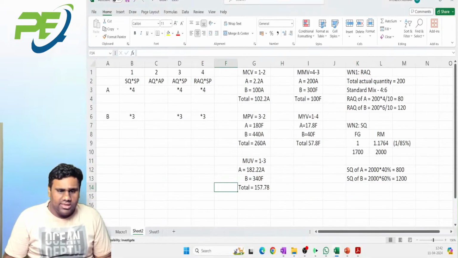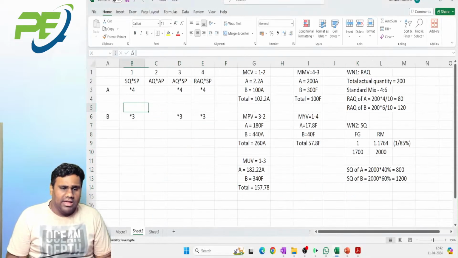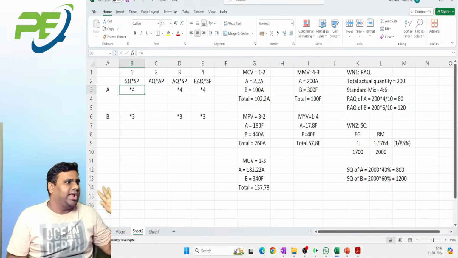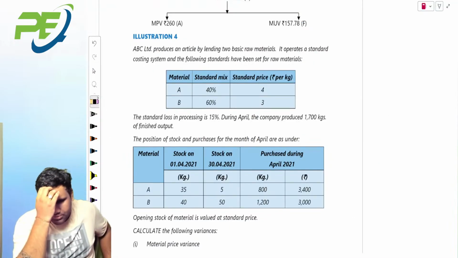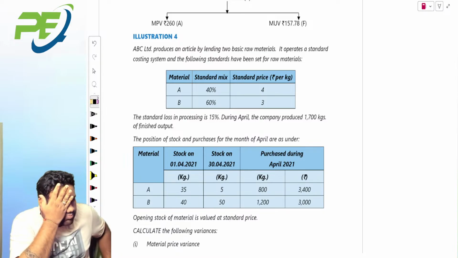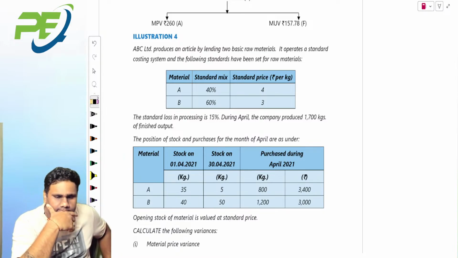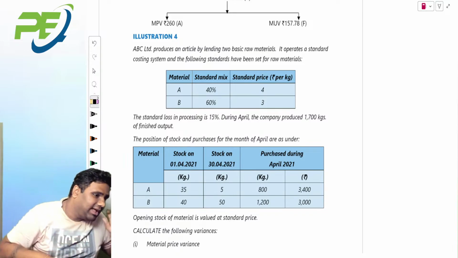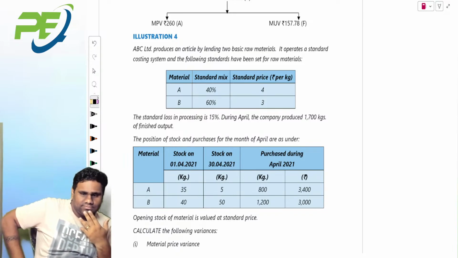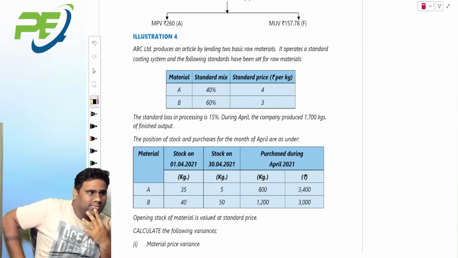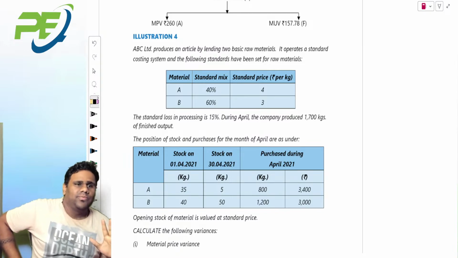Now, bhaiya, we only wrote SP. So SQ we will always compute at the end. What about AQ? Very good.